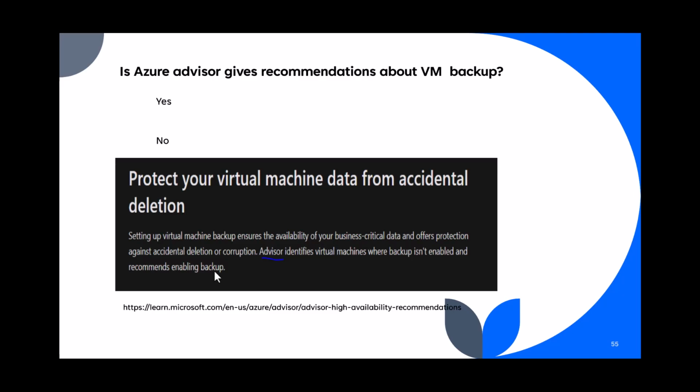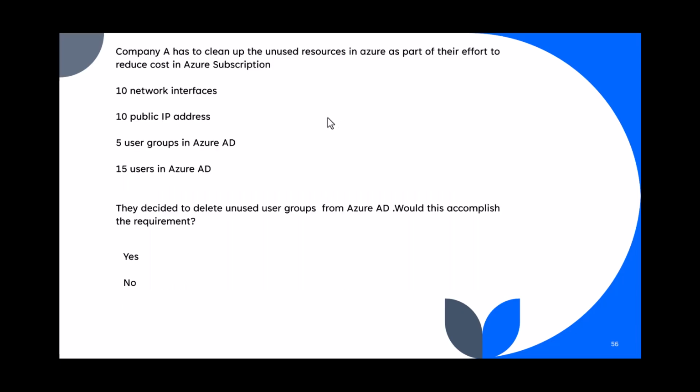Cost, backup, security, etc. It doesn't give predictability, but it gives high availability. Think about how all these questions can come in the certification exam. So the answer is yes. If the backup is not run, it can give a recommendation. So remember that. Going to the next question, question number 56.